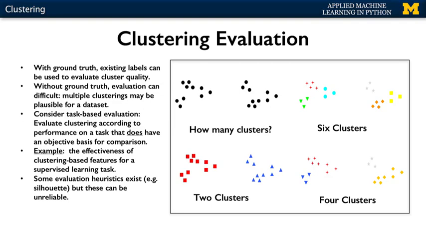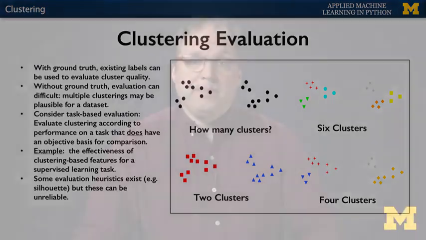For example, in cases where the results of the clustering are used as features for supervised learning, we could use the overall classifier accuracy gain from adding these clustering-based features as a measure of success for the underlying clustering. Another issue with evaluating clustering algorithms is that it can be hard to automatically interpret or label the meaning of the clusters that are found. And this is still a step that requires human expertise to judge.